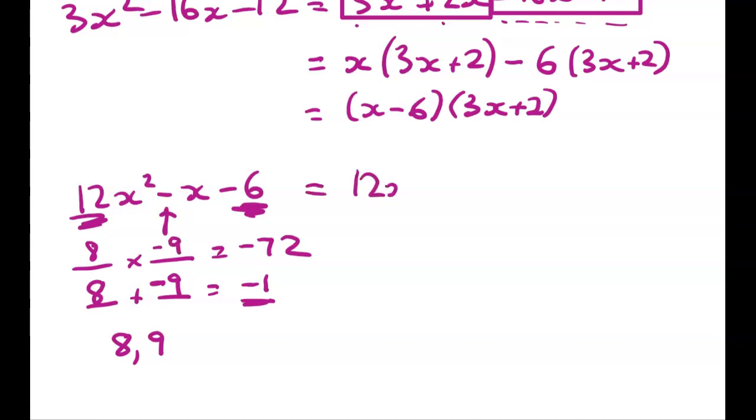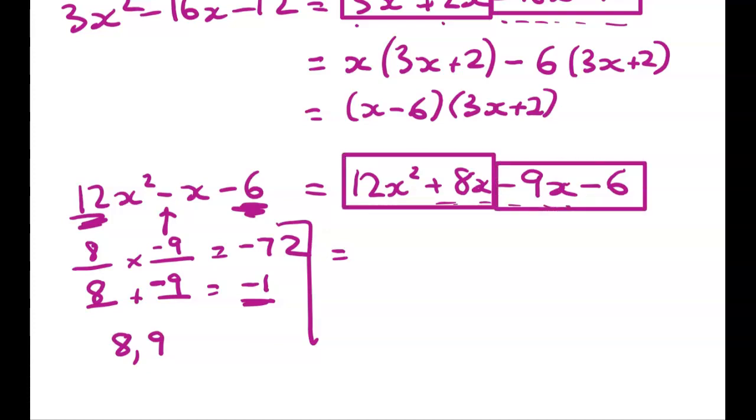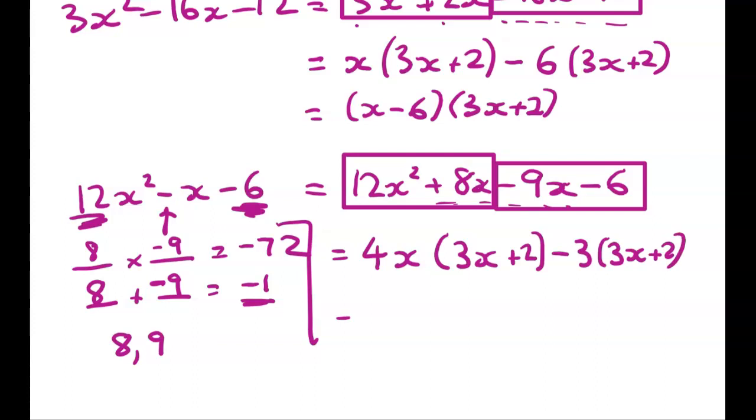That breaks up this term into 12x squared plus 8x minus 9x minus 6. Doesn't matter which order you do this in, by the way. Now we do the same thing as before: factorise these two, and factorise these two. We have 4x times 3x plus 2, minus 3 times 3x plus 2. Putting that all together gives me 4x minus 3 times 3x plus 2.